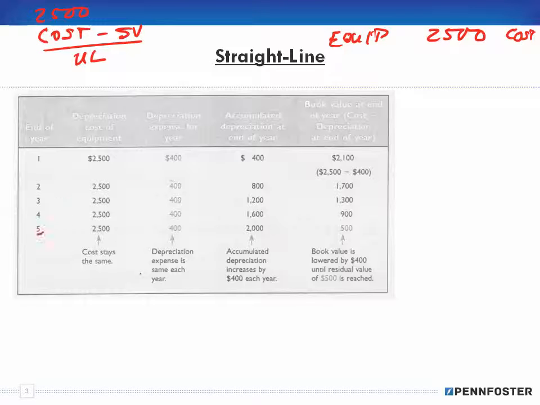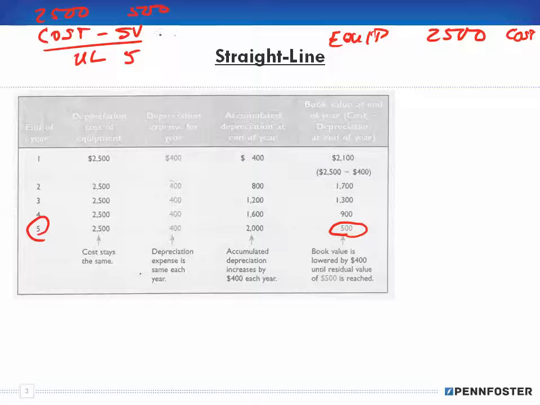And they determined that they were going to depreciate it over 5 years. So my useful life was going to be 5 years. And they also determined that at the end of those 5 years, it's going to have a salvage value of $500.